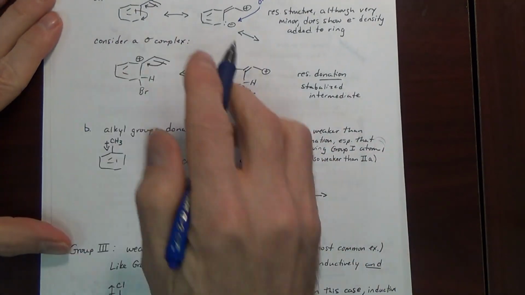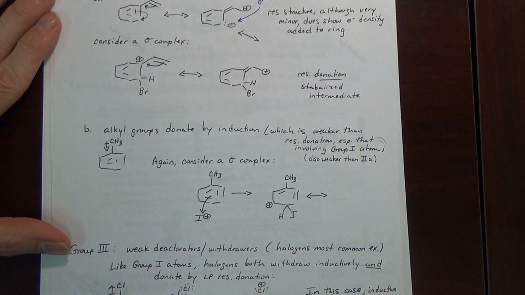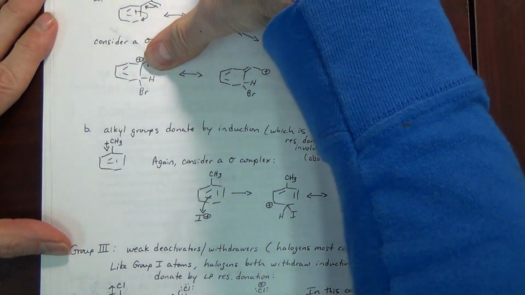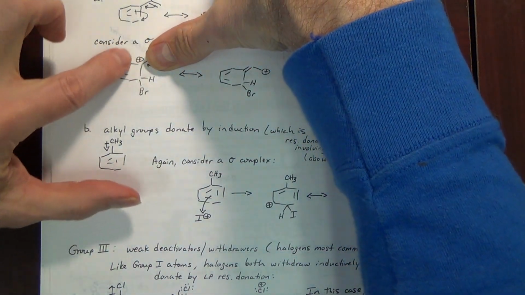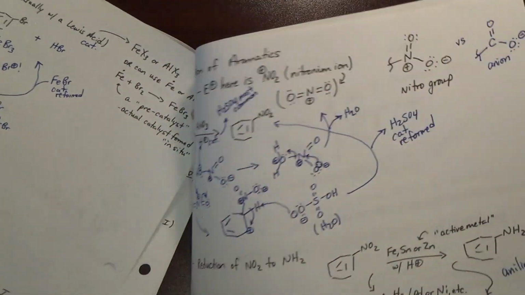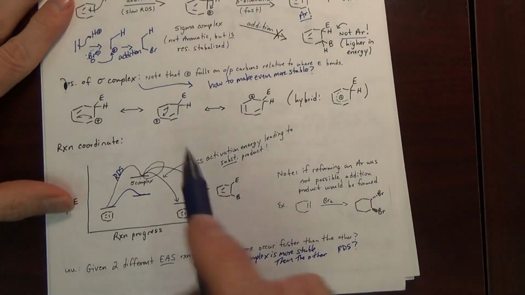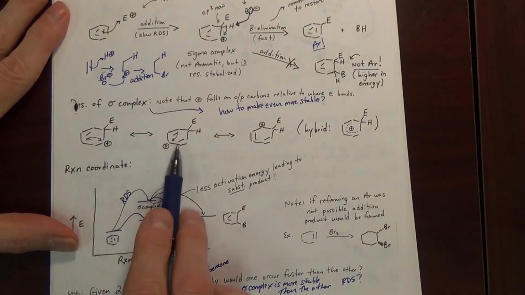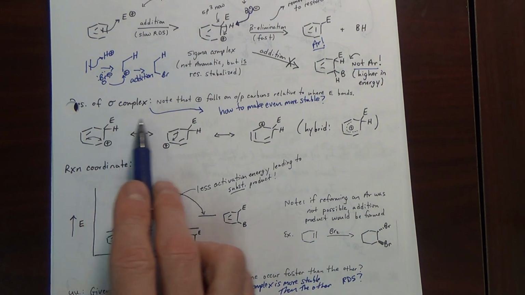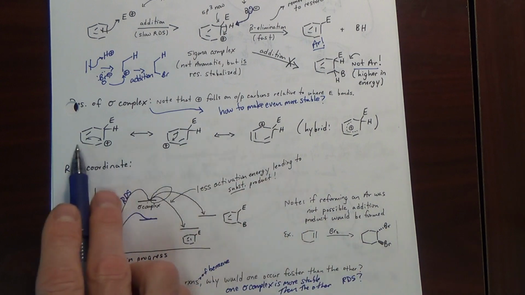Now we can also consider a sigma complex. A sigma complex may look something like this. And if the group wasn't there, we can do resonance around the ring. We did that early on, right here, resonance around the ring. And here the electrophile was added.